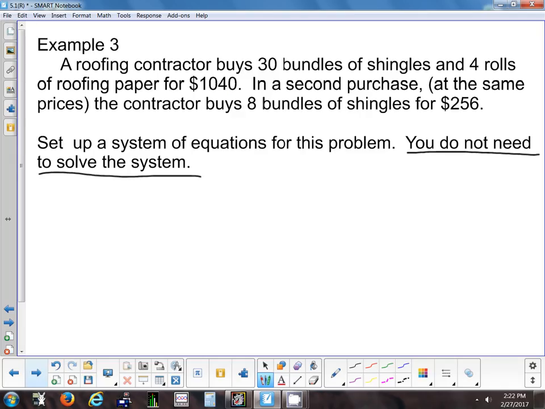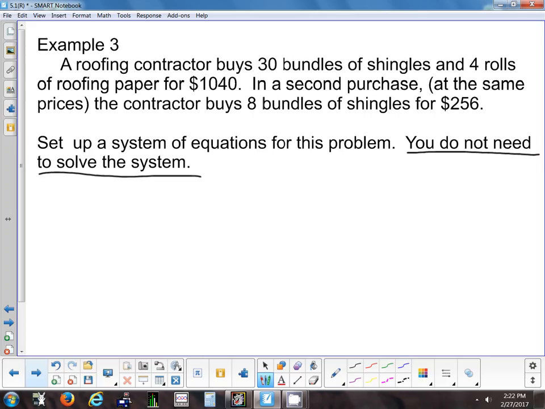He goes back later in the day to buy more stuff, so there's no change in the price. And that time, the contractor buys 8 bundles of shingles for $256. All right, so we got to set up 2 equations. So we need 2 variables. We always need as many variables as we have equations.